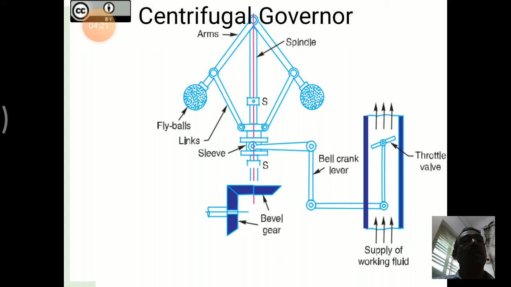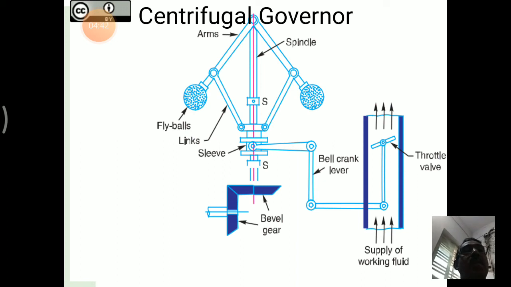As the sleeve moves upward, its motion is transmitted to the bell crank lever, and the motion of the bell crank lever is again transmitted to the throttle valve. The throttle valve closes more, and hence the fuel supplied to the engine decreases.